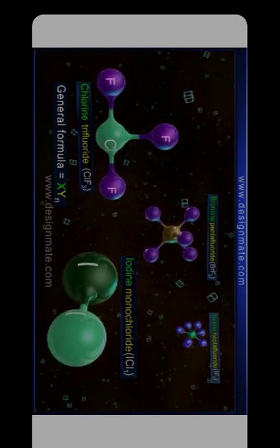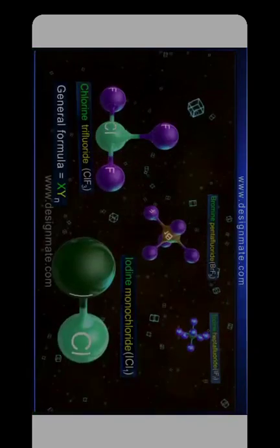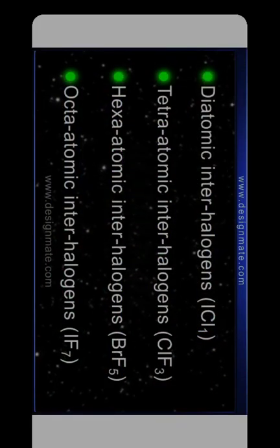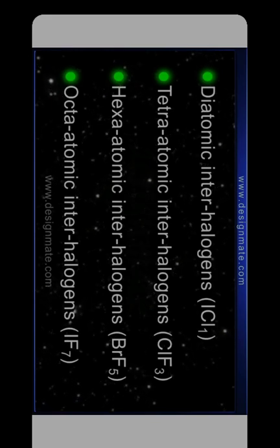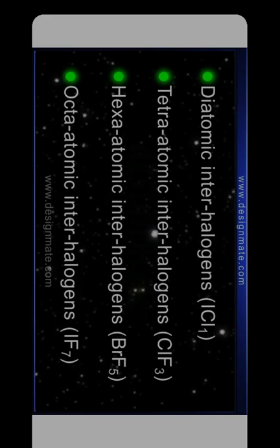N can take values 1, 3, 5 or 7, and accordingly there are 4 classes of inter-halogen compounds. These 4 classes of compounds adopt interesting molecular geometries which can be explained by the VSEPR theory.